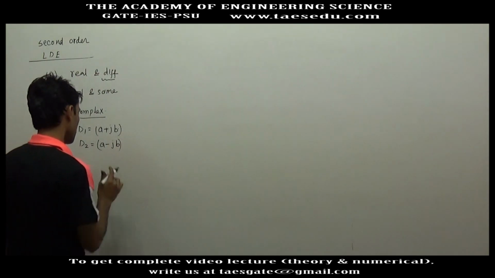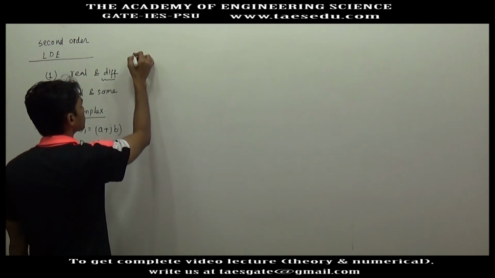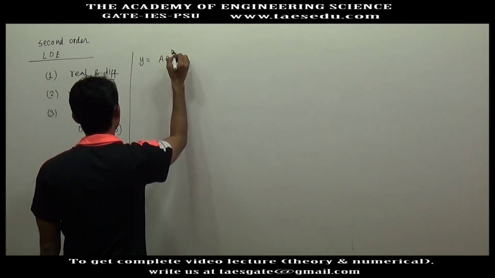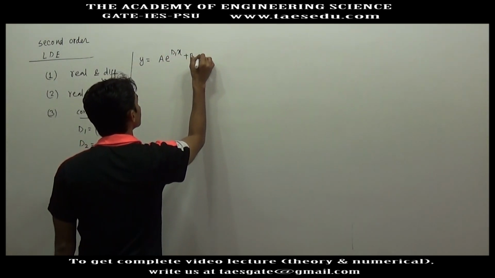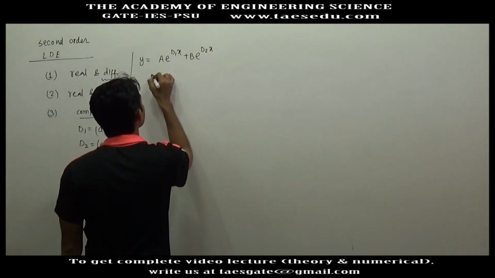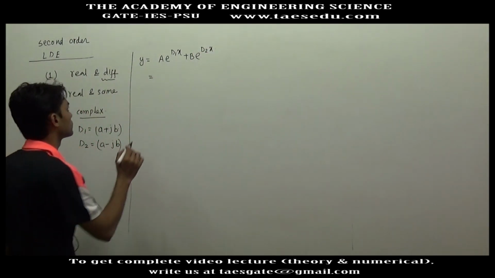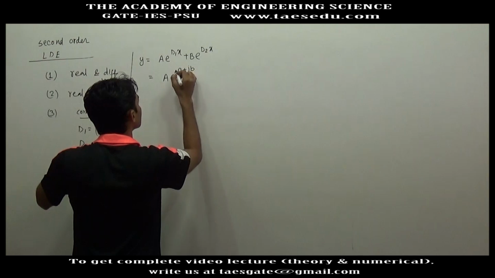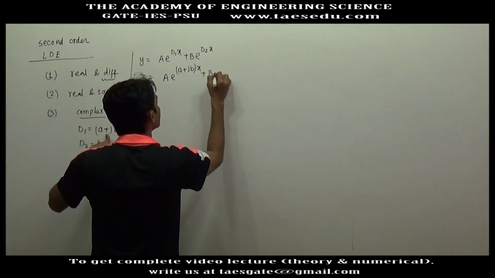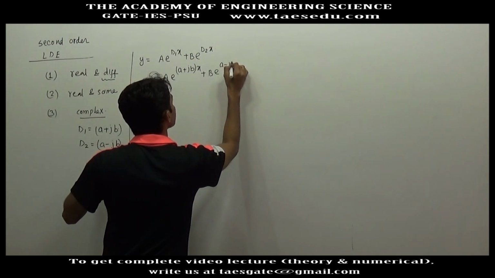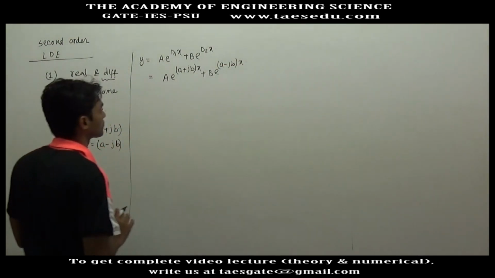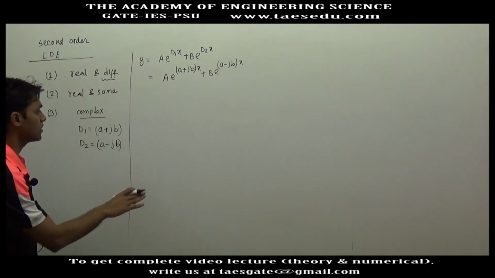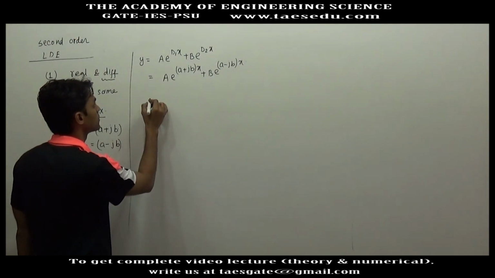So the general solution will be y equal to a into e to power d1 x plus b into e to power d2 x. That is, a into e to power (a plus jb) x plus b into e to power (a minus jb) x. But this can be simplified, and we will get a simpler version of the general solution.